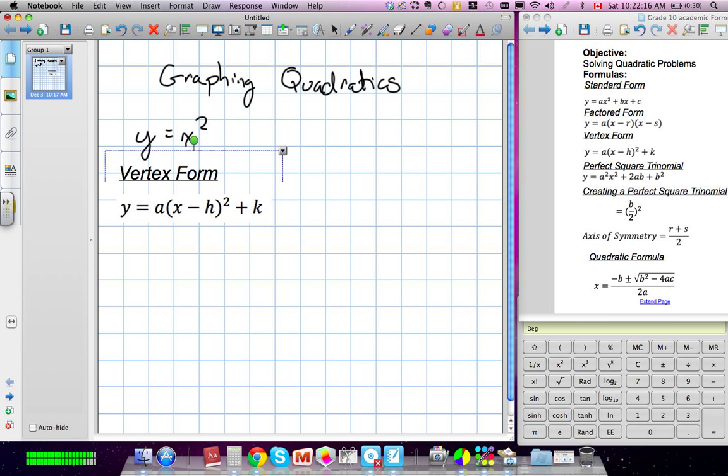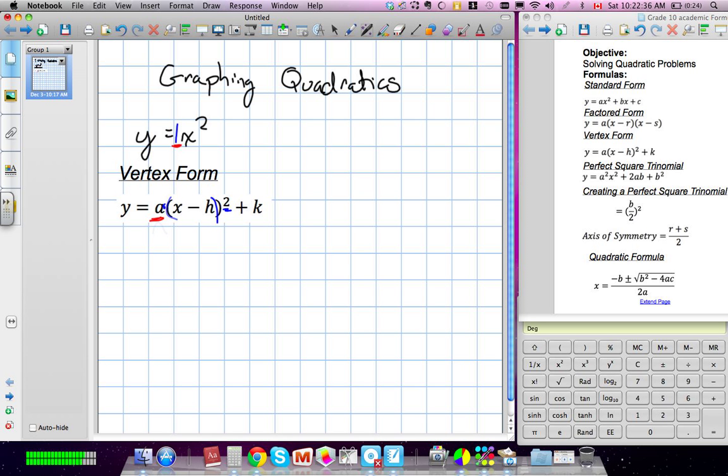So when you take a look at this, what is my a value in this function here? Well, the a is the variable before whatever the x is squared, okay? So because a is multiplied by, if you don't see anything, we imagine there's a 1 there, okay?